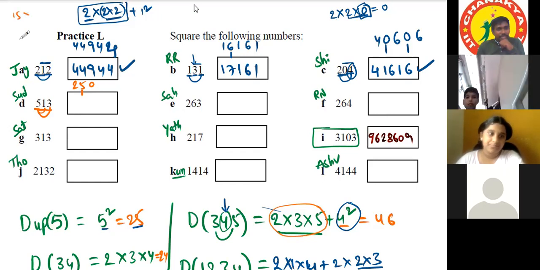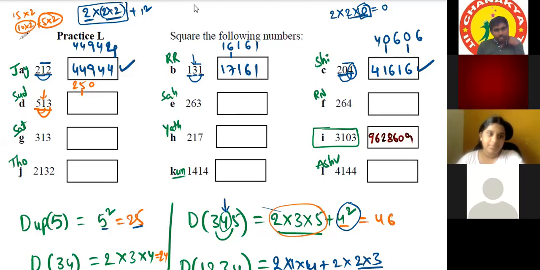Yes, sir. 15 into 2 we have done in this way: 10 into 2 plus 5 into 2. 20 plus 10, it is 30. Okay, sir. 30 plus 1 square, nothing but 1 only. 30 plus 1 is 31.